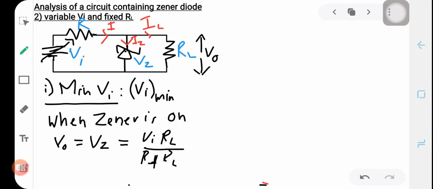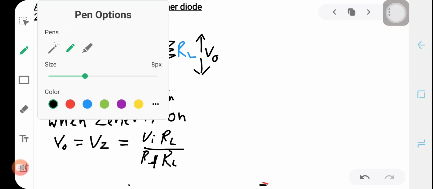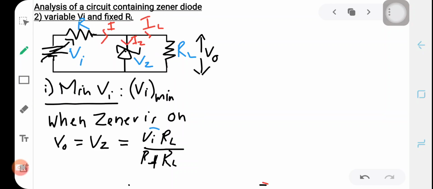We have seen how we obtain this expression in the previous discussions. So Vi into RL by R plus RL is the output voltage. Now from this expression we will calculate Vi, which is the minimum voltage which keeps the zener in the on state.